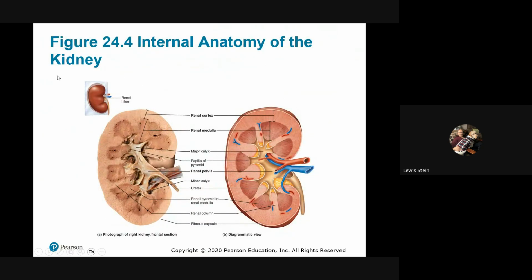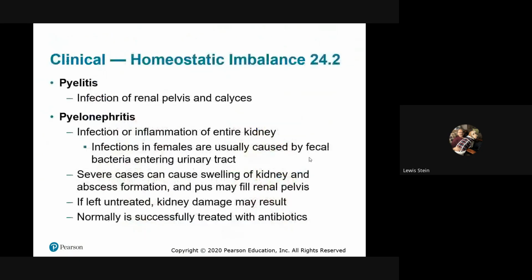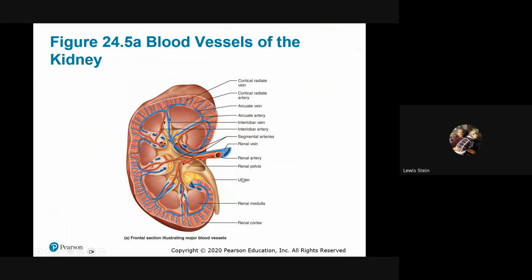Voila. Here's a real kidney, sliced the way we would slice it typically in lab. This is what I mean. Better you hear. So effectively what happens, the blood flow comes in.